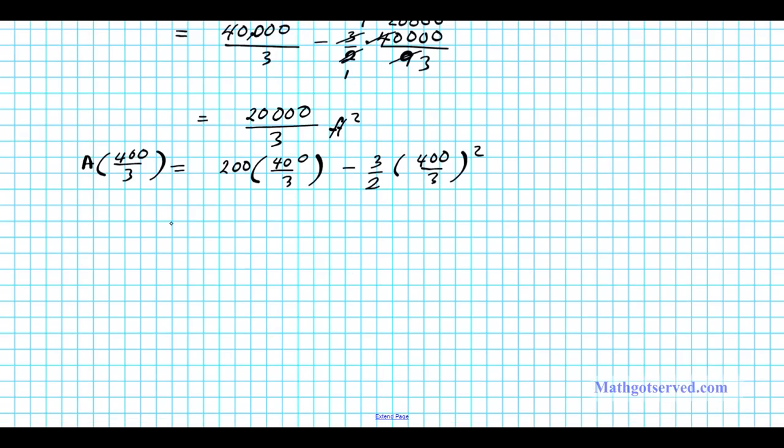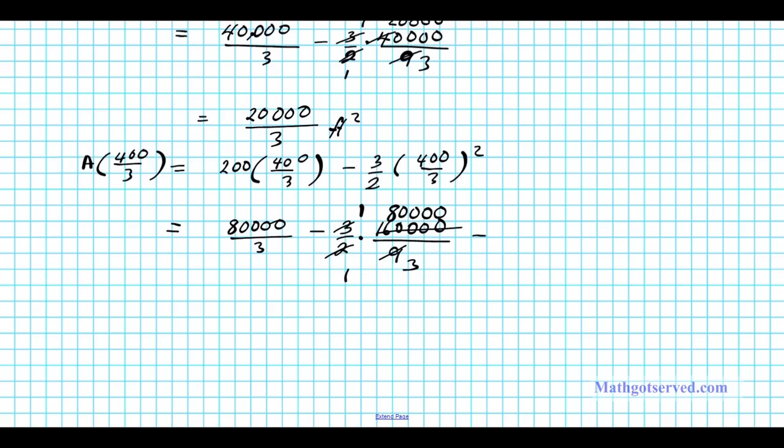If you work that out, you get 80,000 over 3 minus 3 over 2 times 160,000 divided by 9. 3 goes here 1, 3 goes here 3, 2 goes here 1, 2 goes there 1, 80,000.